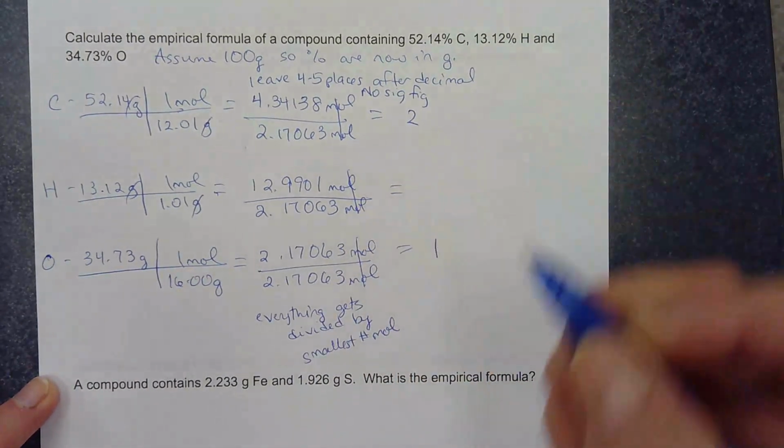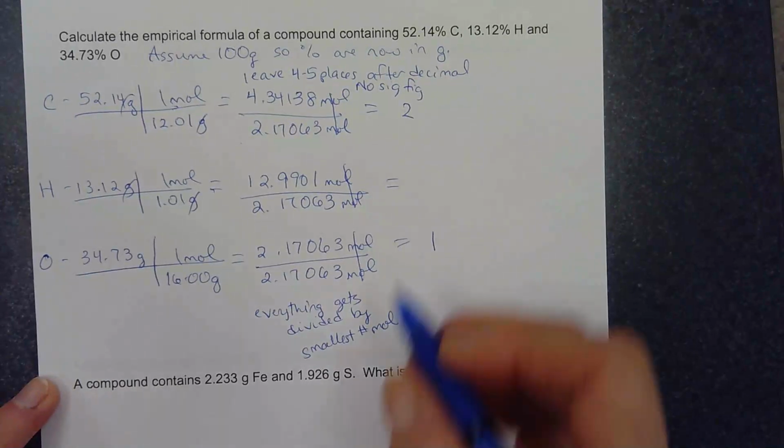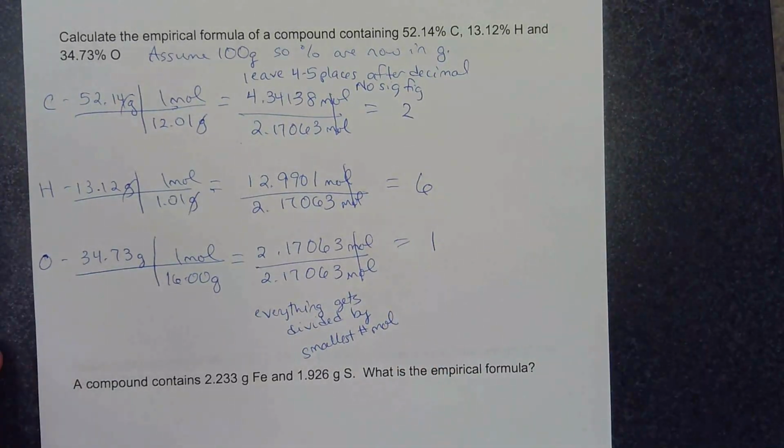What do you get for hydrogen? 6. And for oxygen, you get 1. Make sure you get that. All of you plug that in to make sure you get that. Are we together or not?